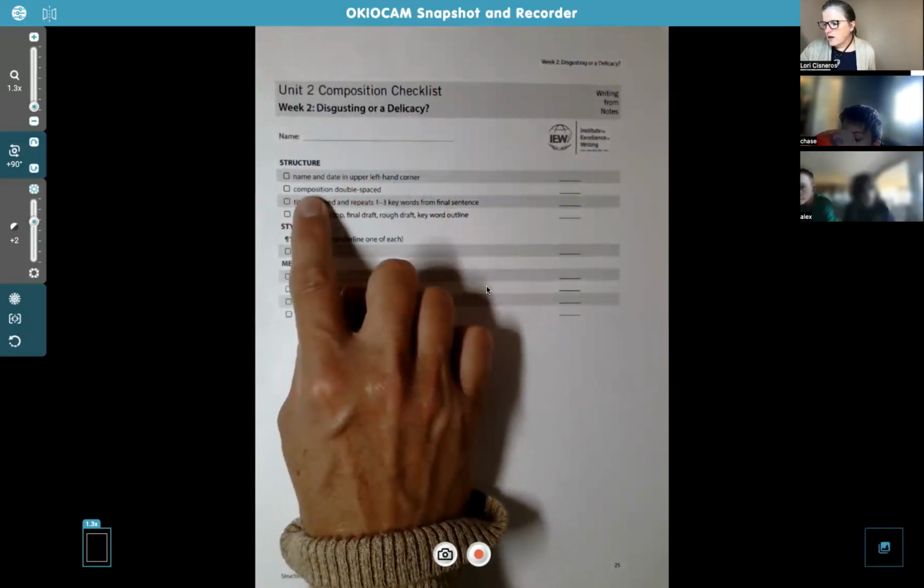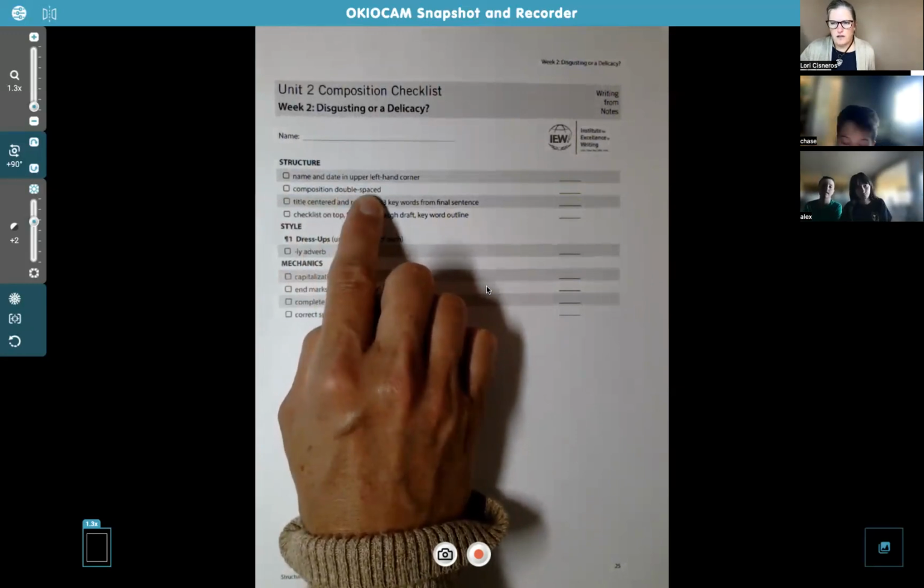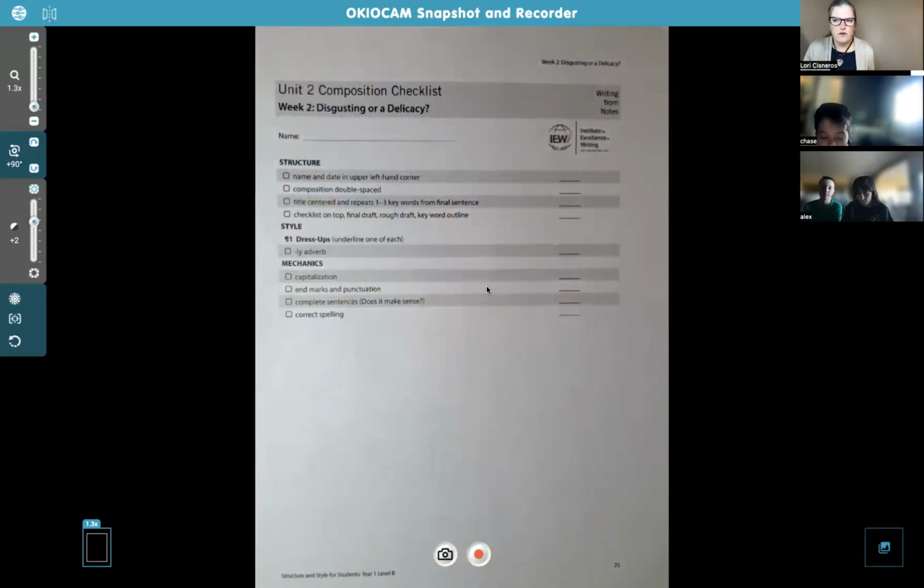Secondly, it says here, composition double spaced. Now I have to ask, I know Chase prefers typing, but Alex and Matt, do you prefer handwriting or typing your papers when you write? We could do both. Last time I did one, I typed. Okay. How about you, Alex? Same.